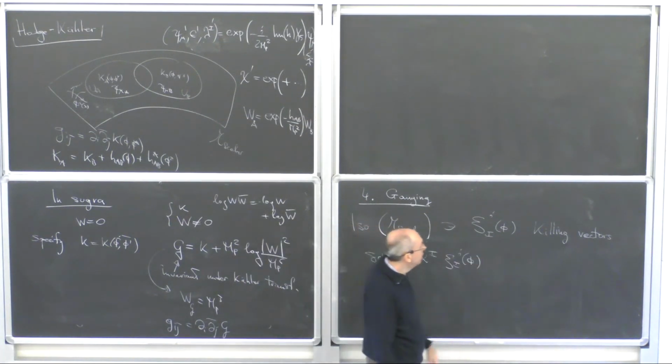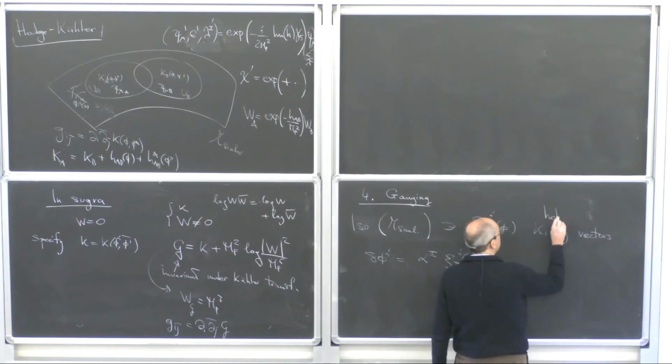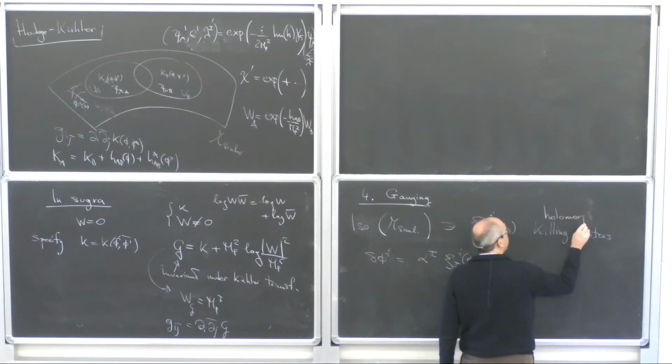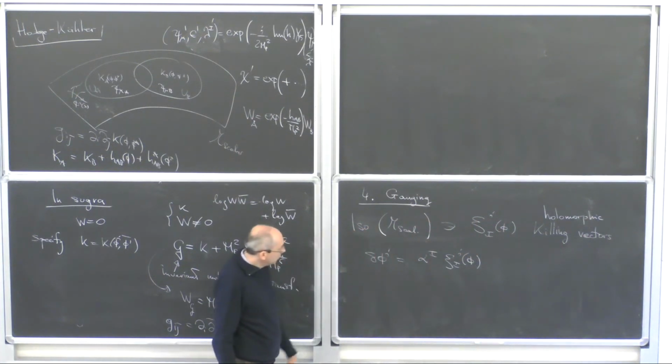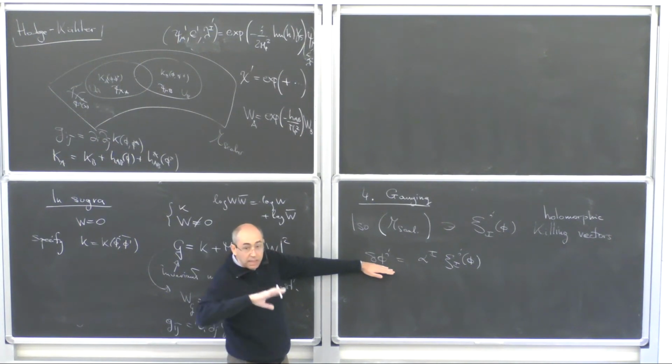They must be holomorphic Killing vectors. Why do I want these Killing vectors to be holomorphic? Because I want the split I'm introducing on my manifold in complex coordinates, phi and phi bar, to remain preserved by the isometries that I'm looking at.